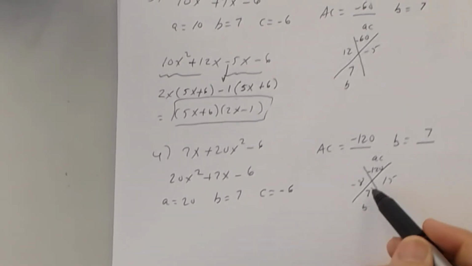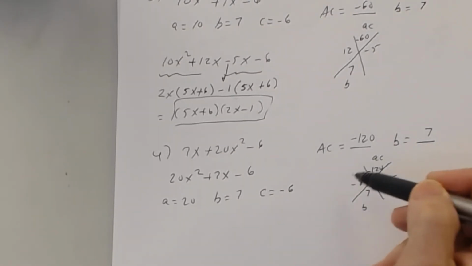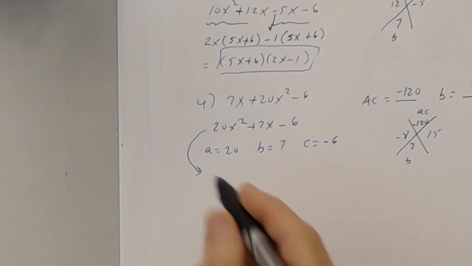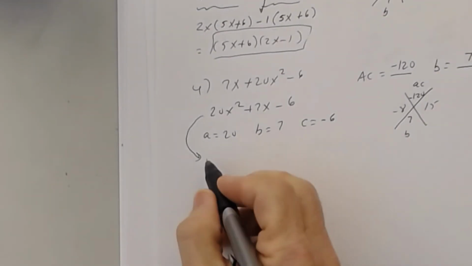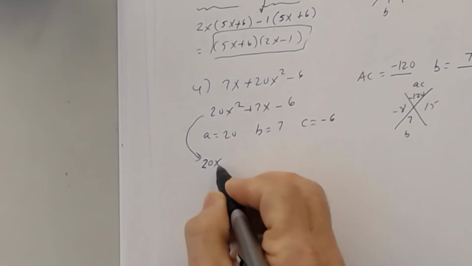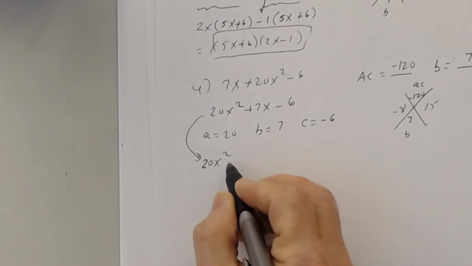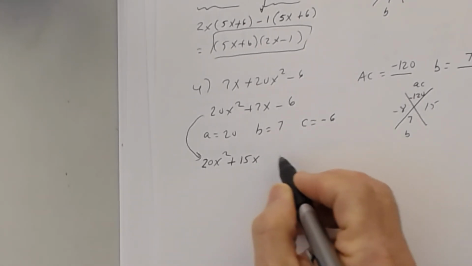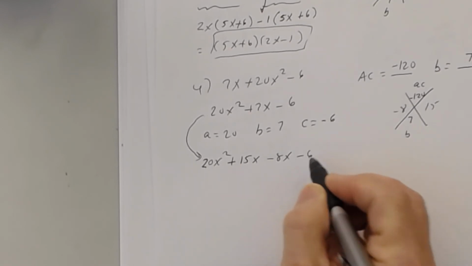Once you verify that this is correct, all you have to do is rewrite this using 4 terms and then group and you're done. So tell me what to write. 20x squared plus 15x minus 8x minus 6.